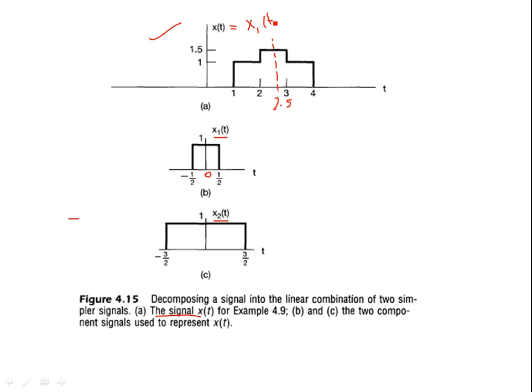We decompose the signal into a linear combination of two simpler signals, x1 and x2. In example 4.9, B and C are the two components of the signals used to represent x(t). The first signal, let's say, is shifted by 2.5.